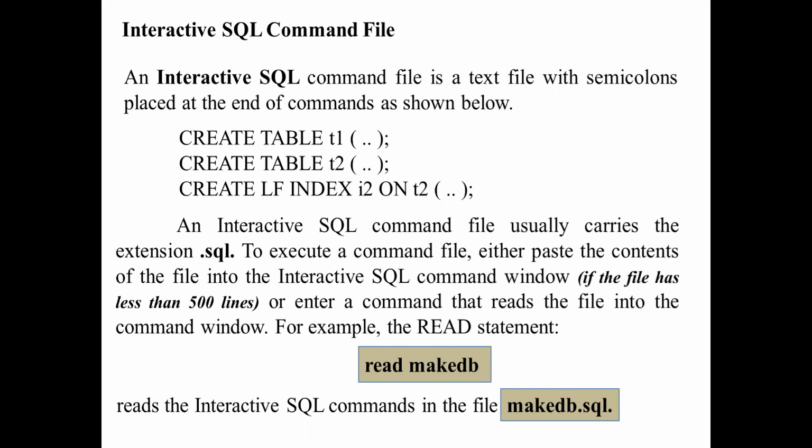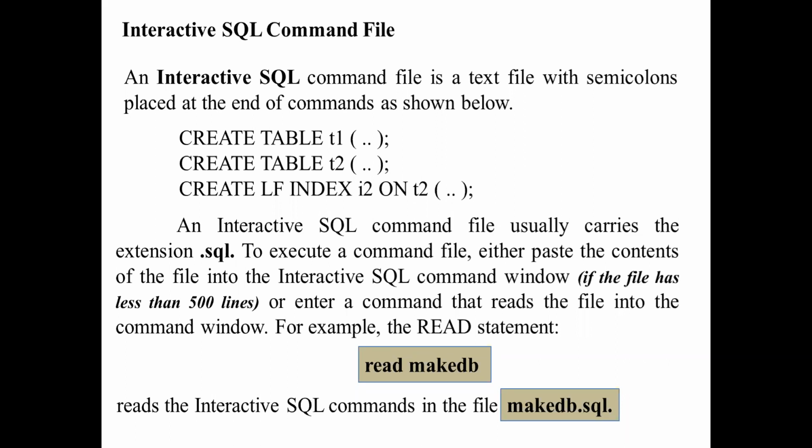Then I have to create an index. LF is the name of the index, I2 on T2. T2 is table 2, index I2. So how will it be written? An interactive SQL command file usually carries the extension .sql.